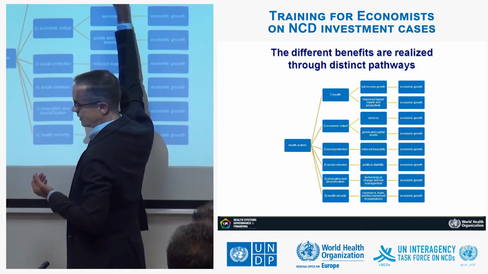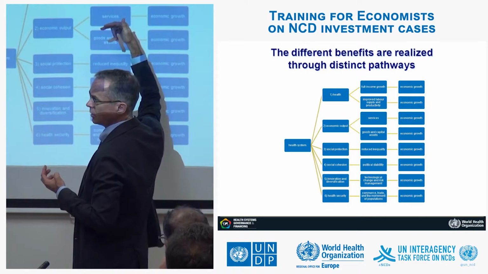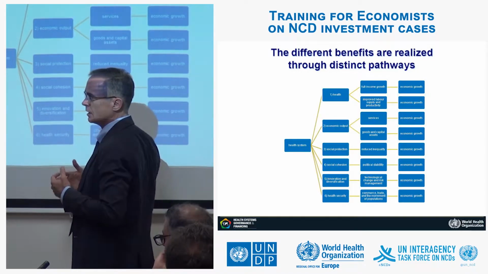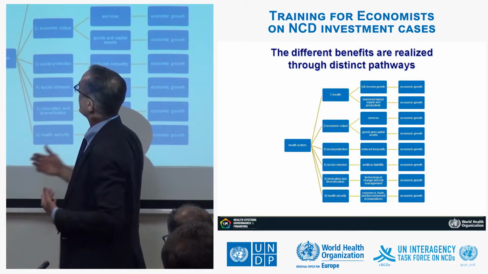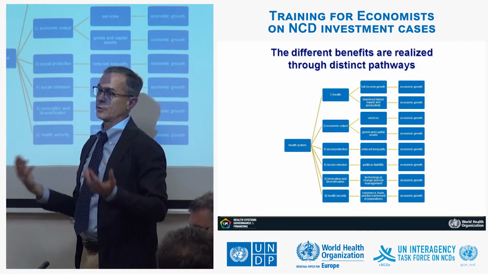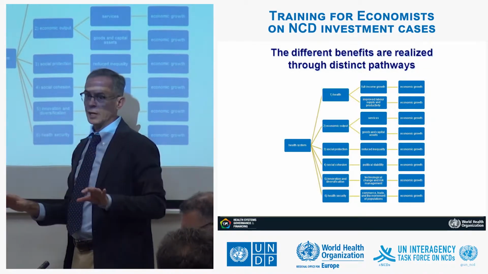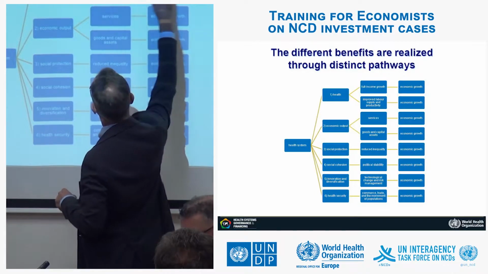The health benefits are sometimes called full income growth. The direct health benefits. The extra, at no extra cost, spillover benefits are things that have to do with improved labor supply and productivity and reduced health expenditure. So there are things that happen in the market economy.